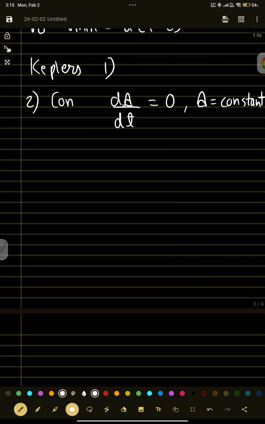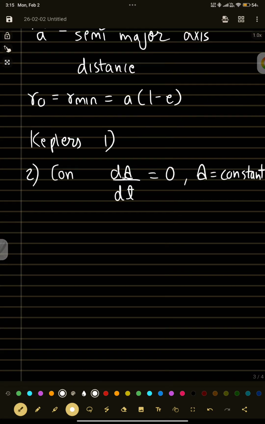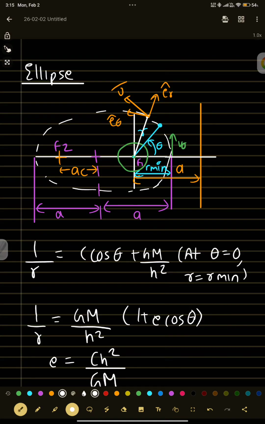So how do you determine that? Suppose this is R, and after some time it moves this much distance, which is del theta, very small, such that you can approximate this R to be straight.